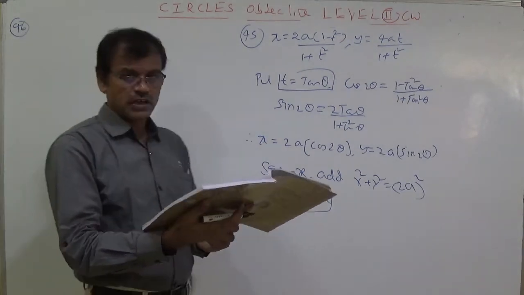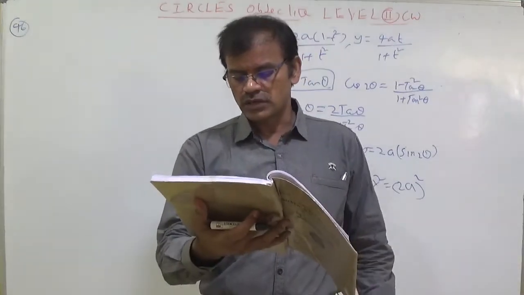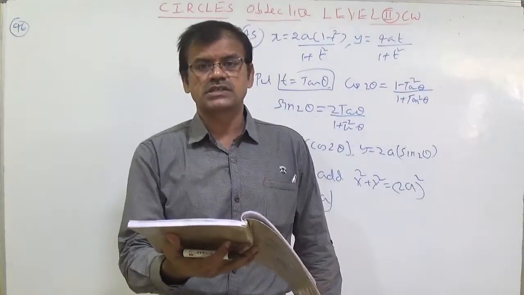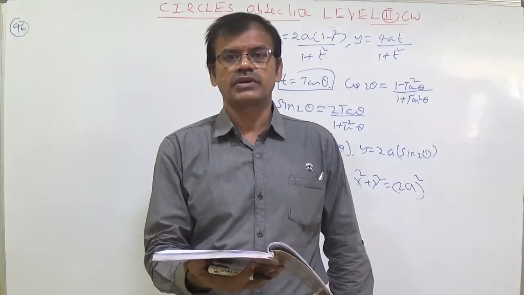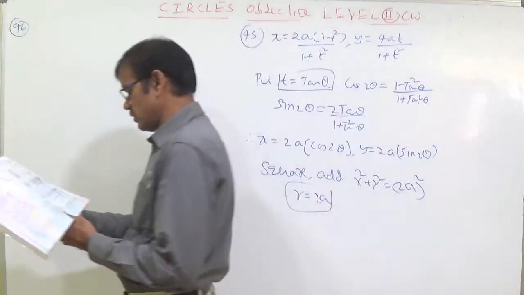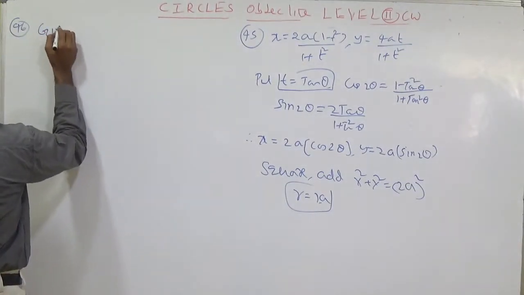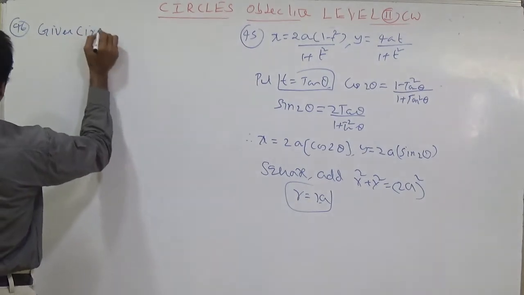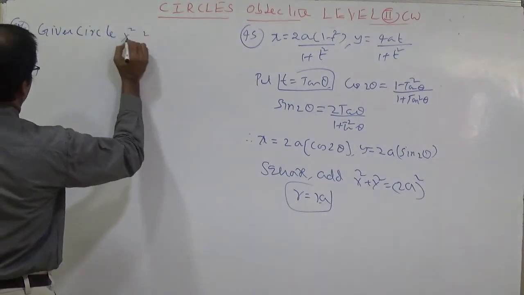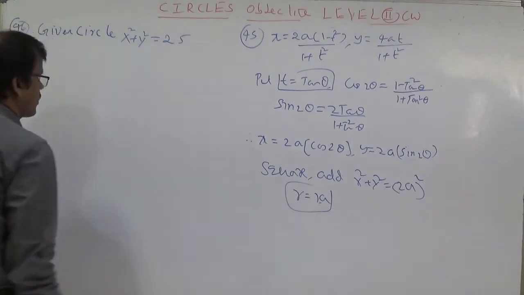If a straight line through C(minus root 8, root 8) making an angle 135 degrees with the x axis cuts the circle x equal to 5 cos theta and y equal to 5 sin theta at points A and B, then what is AB? So we should calculate the length AB. The given circle: squaring and adding, you get x square plus y square is equal to 25.